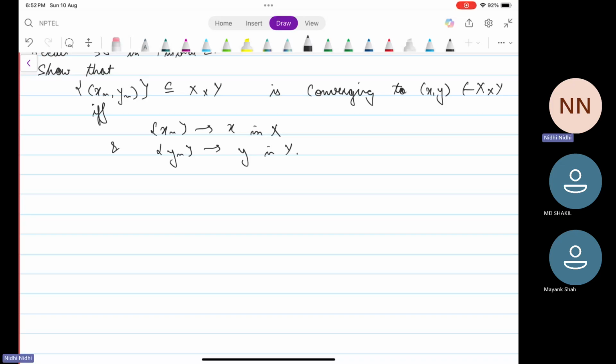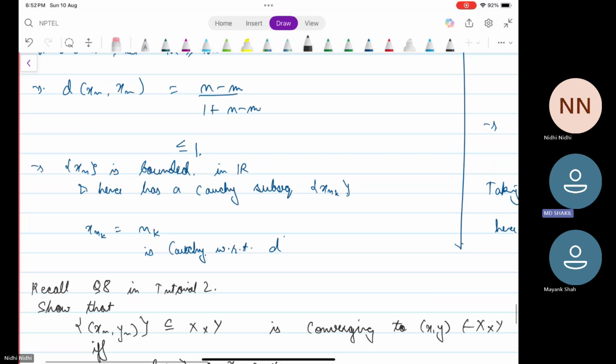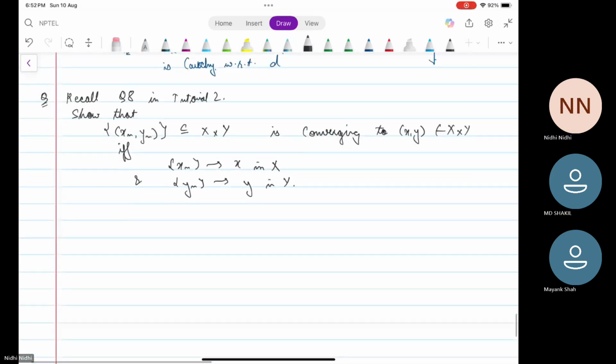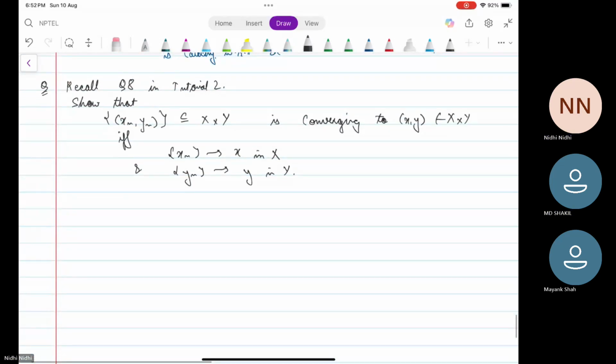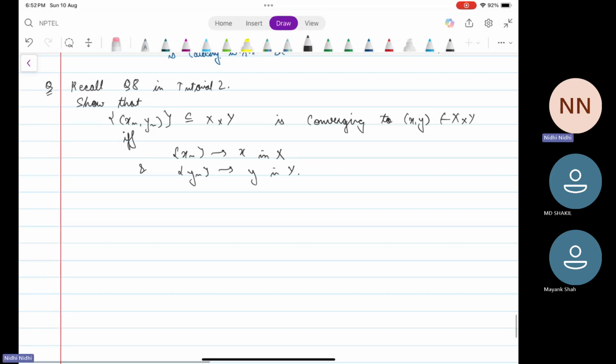Every bounded sequence has a convergent subsequence. Okay, okay, ma'am. Okay.